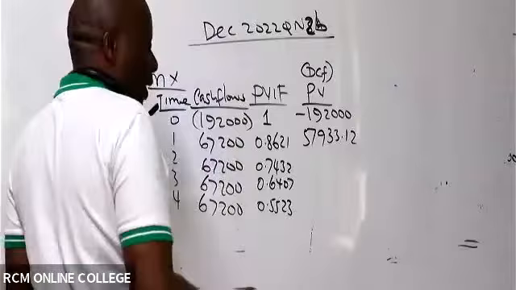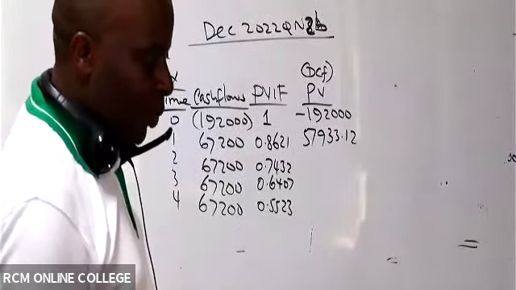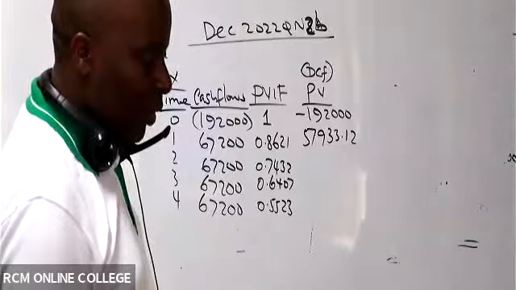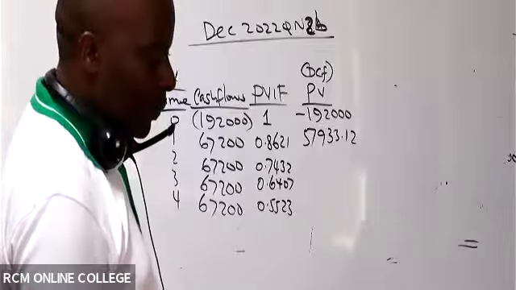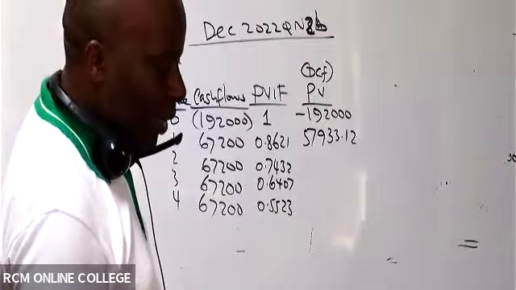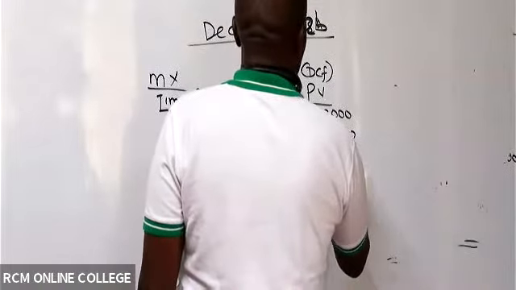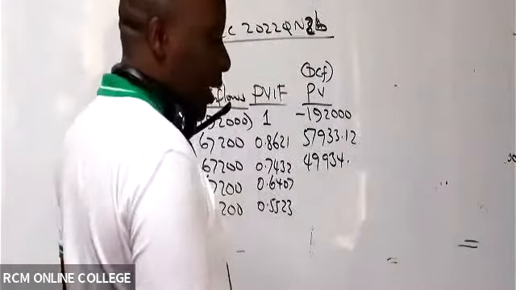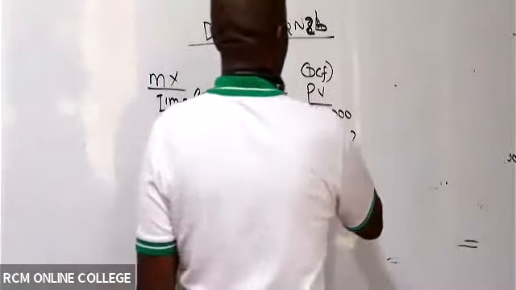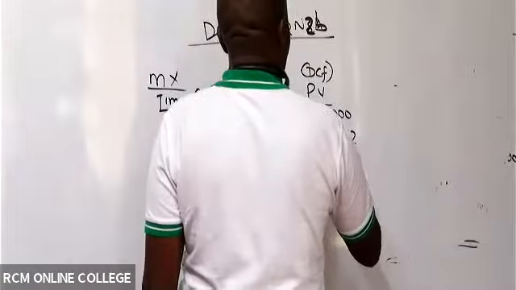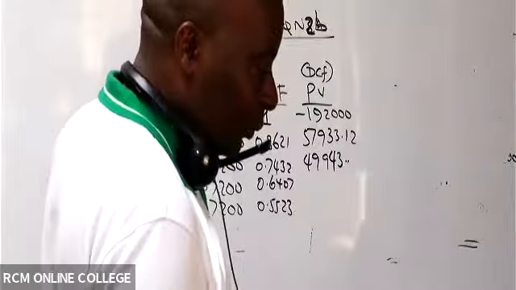Remember, it's the entire life cycle. 67,200 times 0.7432 is 49,934.943 actually, 0.04.